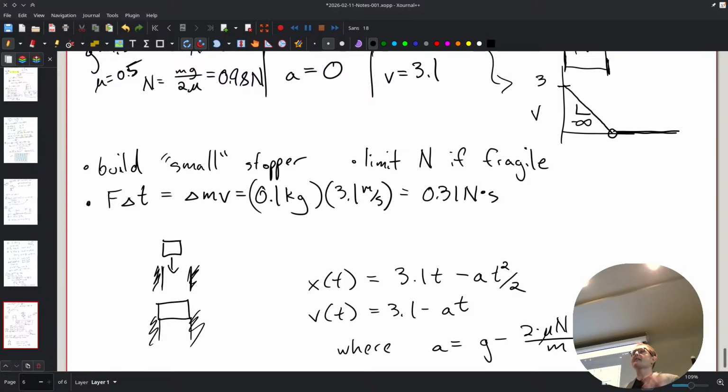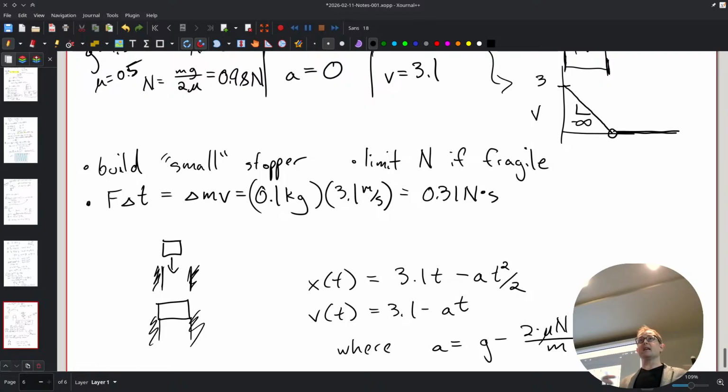Now, if it takes half a second to stop, did the force increase or decrease? Increases, right? Because the total stopping impulse has to be the amount of momentum that we're taking away. So if we're looking for how much force we are actually applying to this object, this is a good way to figure that out. Like, hey, F delta T is 0.33. The smaller delta T gets, the bigger that F becomes.